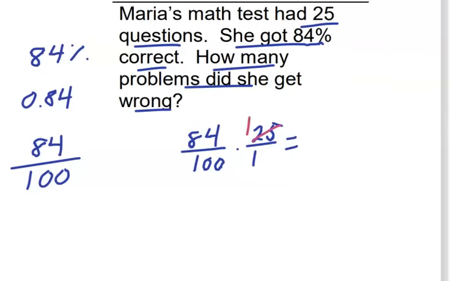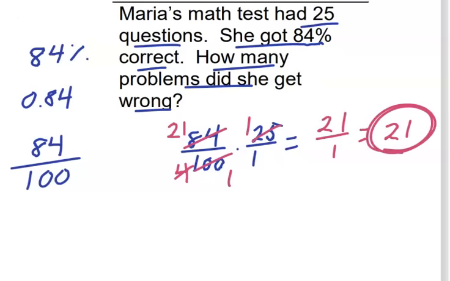Yep, 25 goes into 25 once. 25 goes into 100 4 times. Wow, this is interesting. Again, we can divide 4 into 4 and get 1, and 4 into 84 and get 21. So we're left with 21 over 1. So basically, 84% of 25 is 21, right? So that's how many questions Maria got correct.